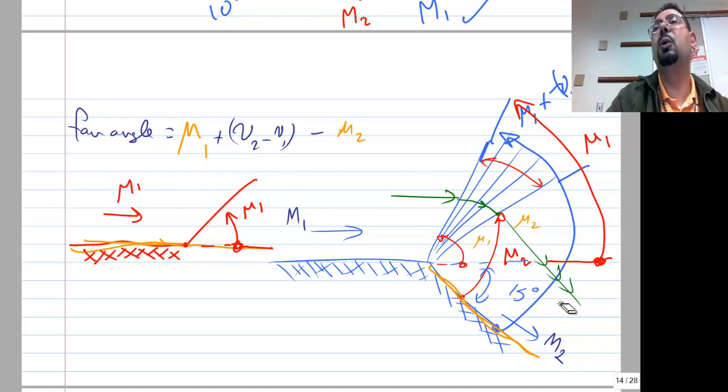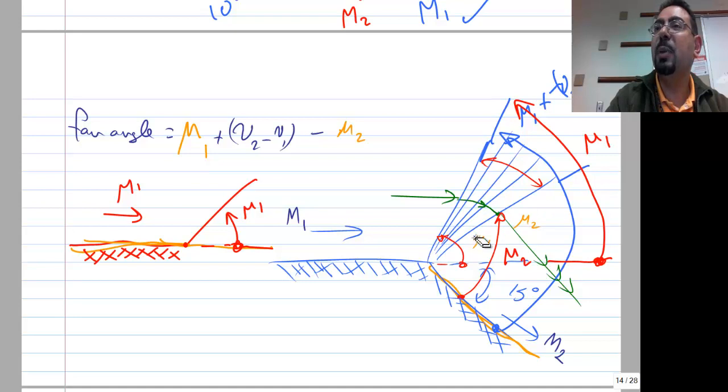A very good question right now is, why is this where you measure mu2 from? I'm saying it's because that's the direction of M2. A good question would be, shouldn't you measure mu2 from the Mach number before the disturbance, not the exit Mach number?